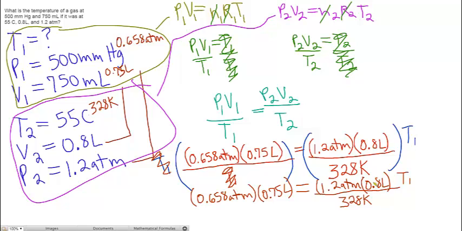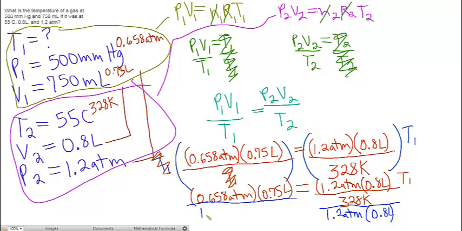Now I want to get all of the numbers and units away from T1 and leave T1 on one side of the equation. The way I do that is do the exact opposite of each of these operations here. So that means I'm going to divide both sides by 1.2 atm and 0.8 liters.